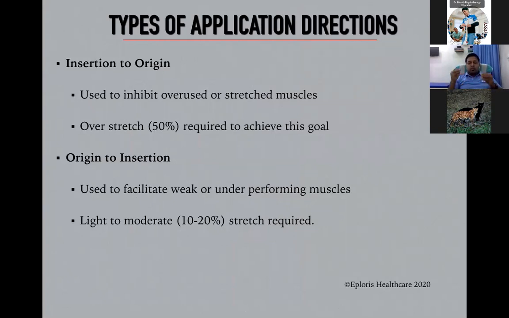Whenever you want to facilitate weaker muscles, or for normal pain relief, or for spasm, or in case of neuro muscle facilitation, try to apply the tape from the origin to insertion. And the stretch should not be more than 50%. It should be less than 50%.